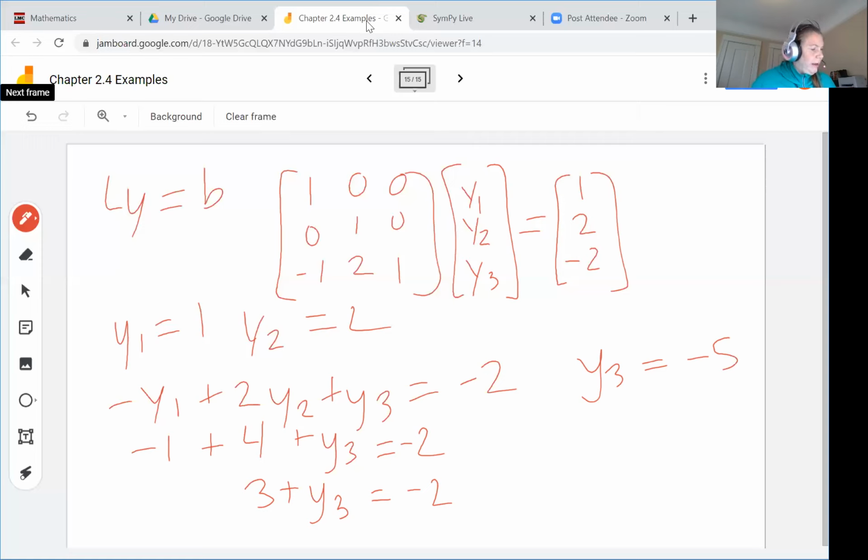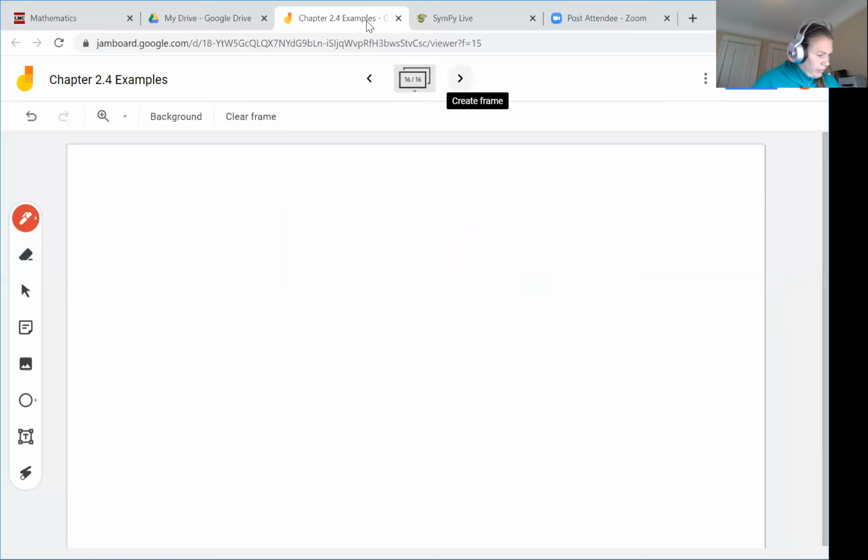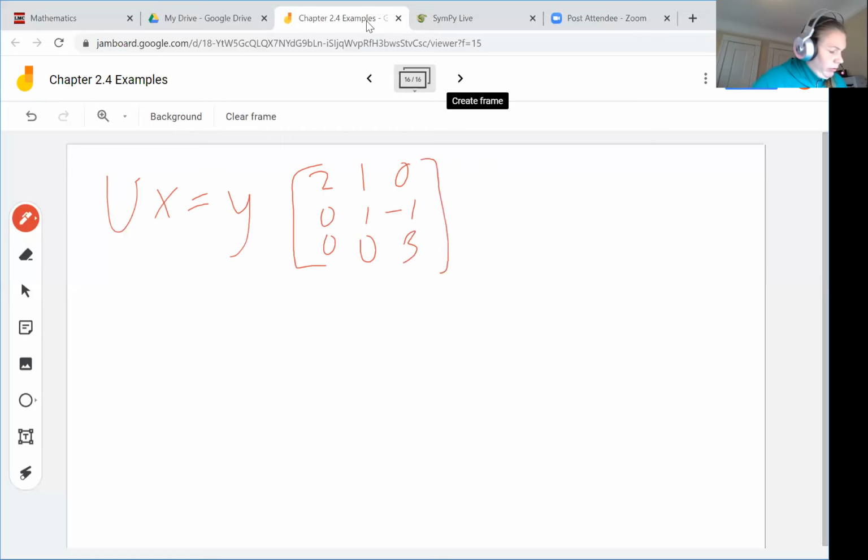And then we can say, all right, our upper triangular matrix times x is going to equal y. So let's do those calculations. We've got our upper triangular matrix here. 2, 0, 0, 1, 1, 0, and 0, negative 1, 3 if I read off the columns.